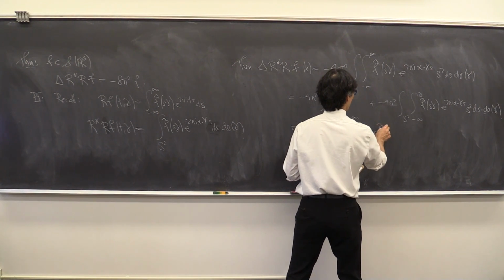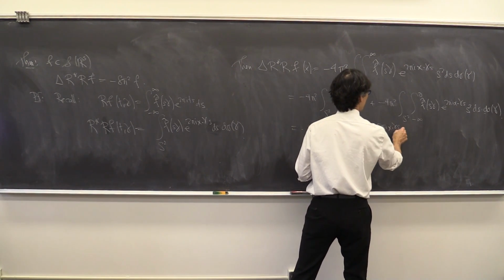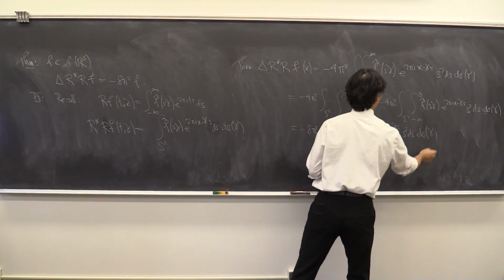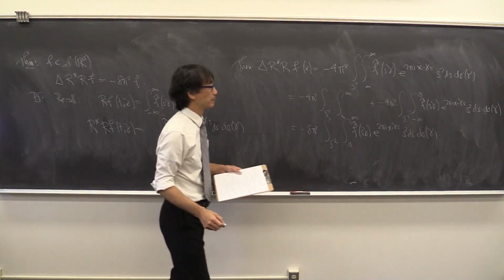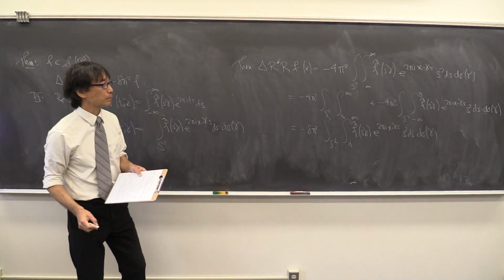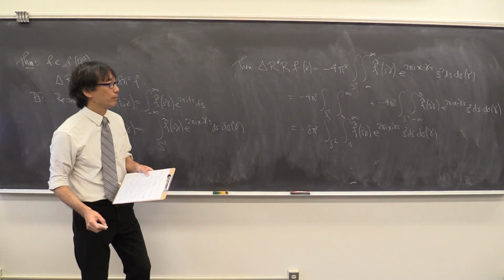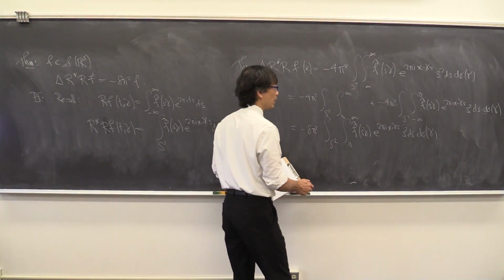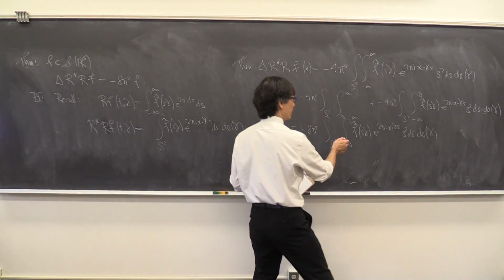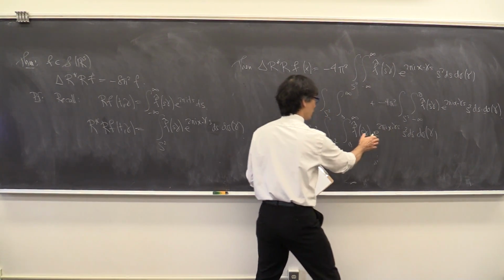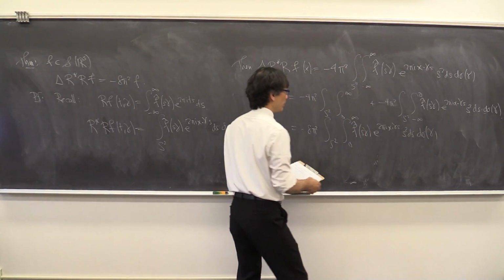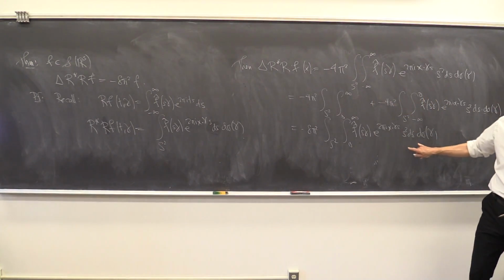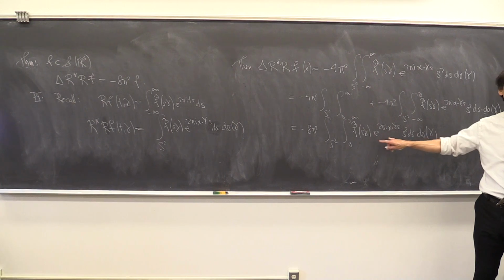f hat at s gamma, e to 2 pi i s x dot gamma. And then we just use, this is the spherical integration on R3.